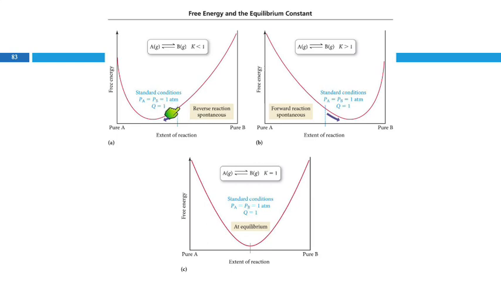So this one is going to have a positive delta G. This one, where K is larger than 1, the standard conditions fall right here, and so that forward reaction is going to be spontaneous. Delta G is negative. And here, at equilibrium, Q is equal to 1, and delta G would be 0.